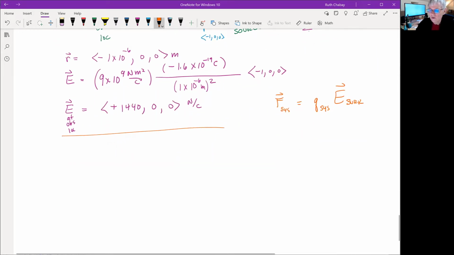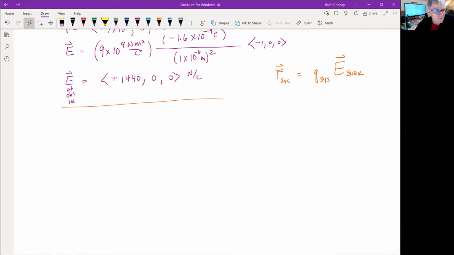So again, force on the system is equal to the charge of the system, whatever we put there, times the electric field due to the surroundings. Now here's a factoid which we will not be able to prove until chapter 15. It turns out that a macroscopic spherical shell of charge, what does that mean?